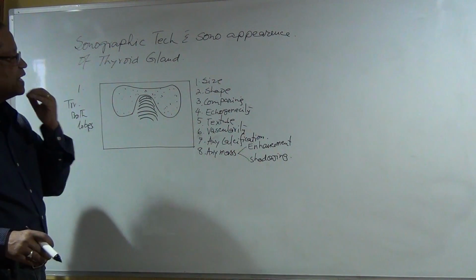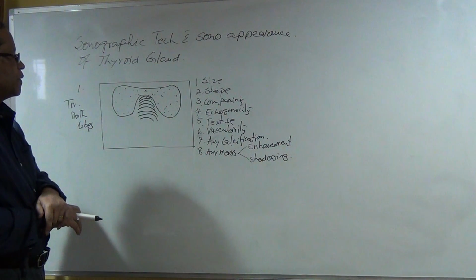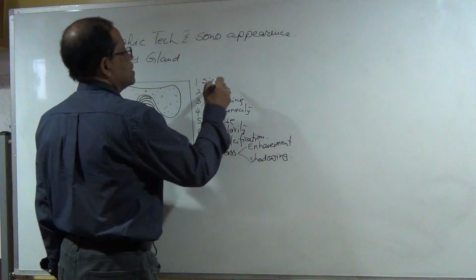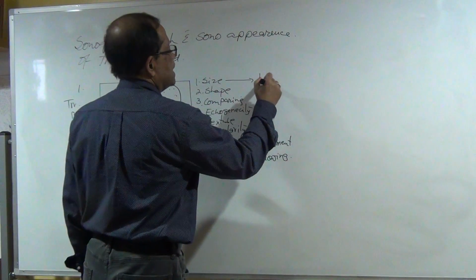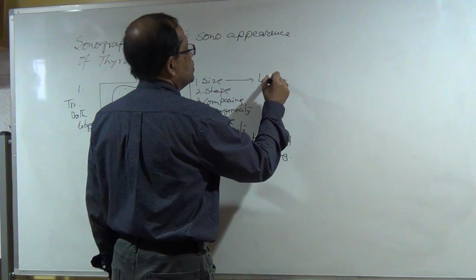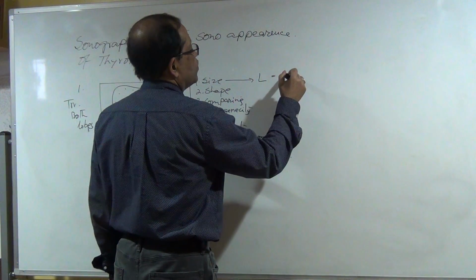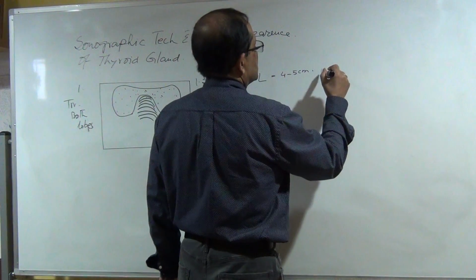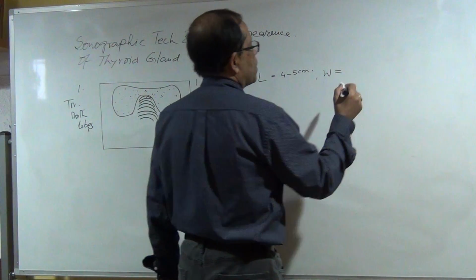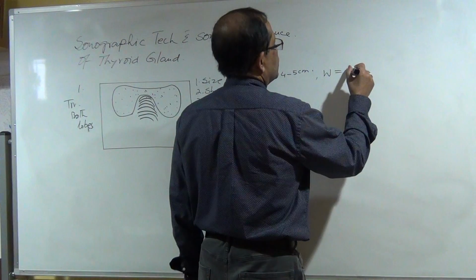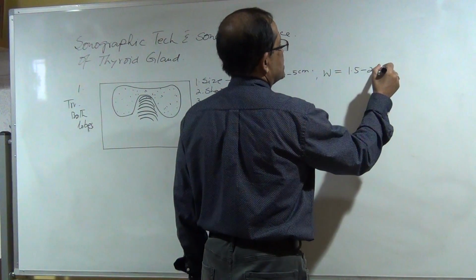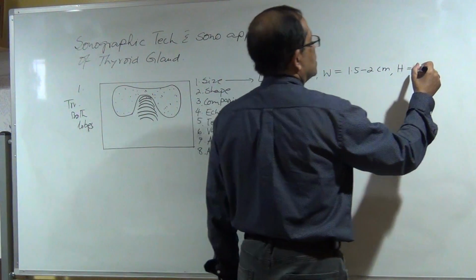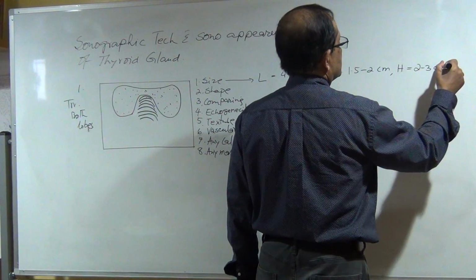Sometimes you will see, usually the left lobe is a little smaller, but you have to see. You will know the size: the length could be say 4 to 5 centimeter, the width could be 1.5 to 2 centimeter, and the height could be 2 to 3 centimeter.